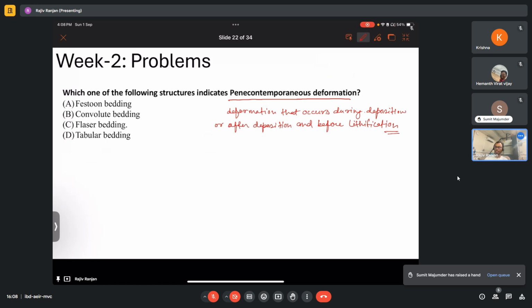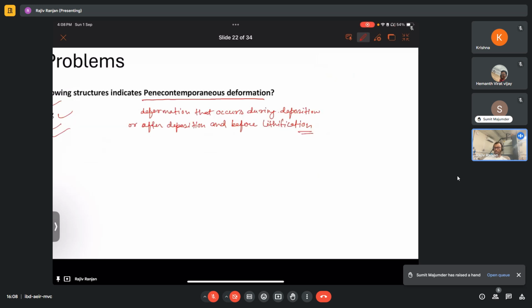If you see here, option A is festoon bedding, option B is convolute bedding, option C is flaser bedding, option D is tabular bedding. I have just kept some figures to help you understand which is festoon bedding, convolute bedding, flaser bedding, and tabular bedding.